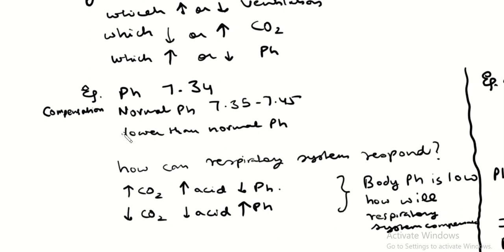So the process that causes this pH to go down is going to be the causer. The process that's going to compensate for this lower pH by increasing the pH is going to be the compensator, or the compensation. So that's the best way to understand this.